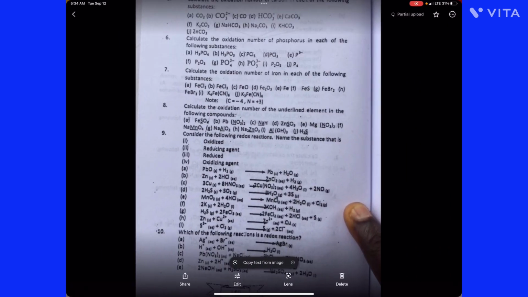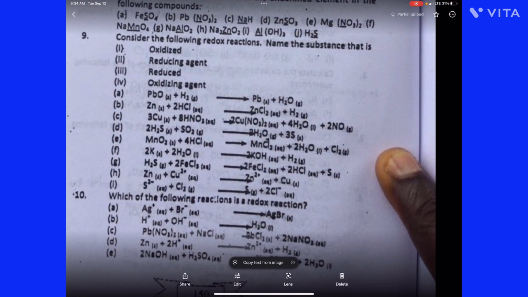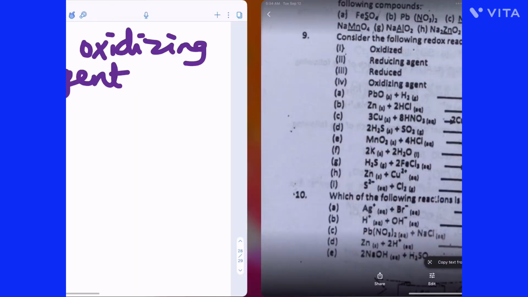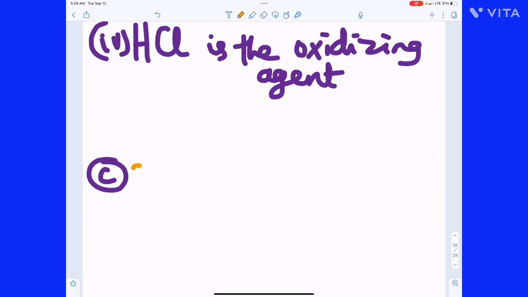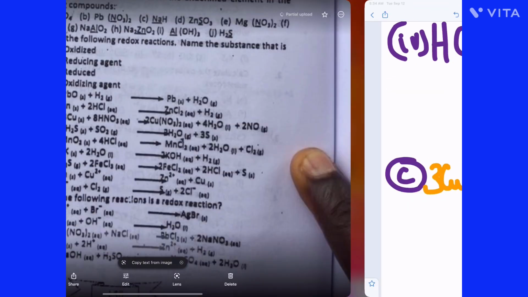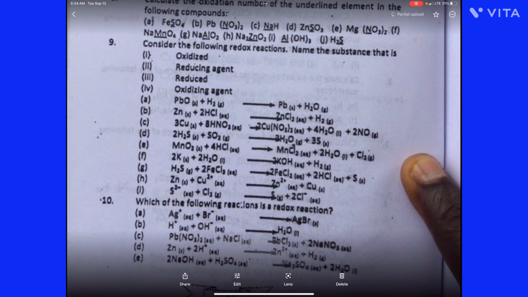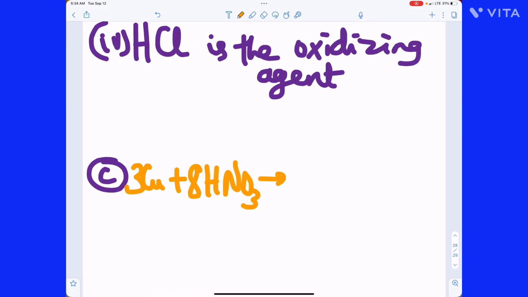What's the equation in question C? 3Cu plus 8HNO3 to give 3CuNO3 plus 4H2O plus 2NO. I will not be putting the states anymore because of time.